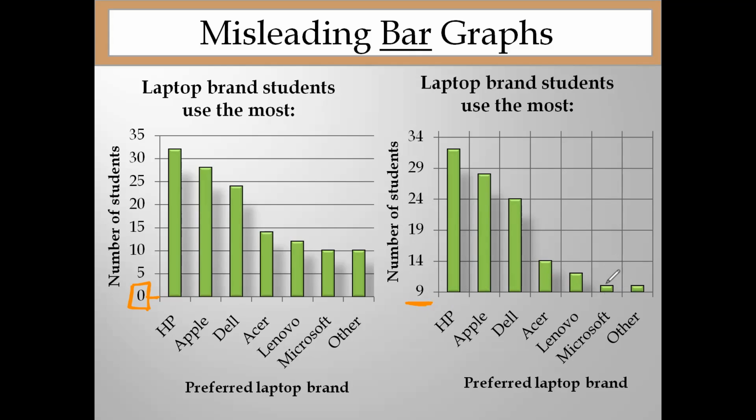What this tends to do is emphasize certain things over other information. Let's see what we mean by this. Let's look at a more extreme case where we set our starting value to 10. This would cause the brands Microsoft and other to be eliminated from our bar graph. And this would cause us to emphasize the other brands as more important than what they really are.